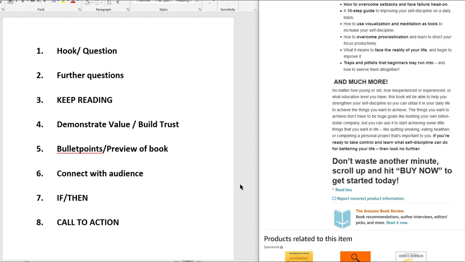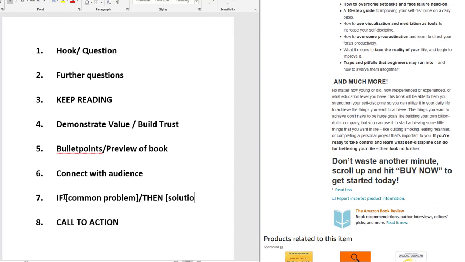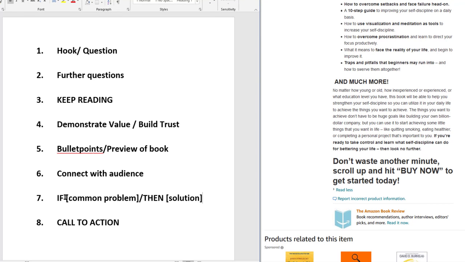Taking control and learning self-discipline is the common problem that you want your reader to fit the profile of. And then you have then, which is a solution. So if should be more like if something like this. In this case, it is if you want to take control, then look no further.